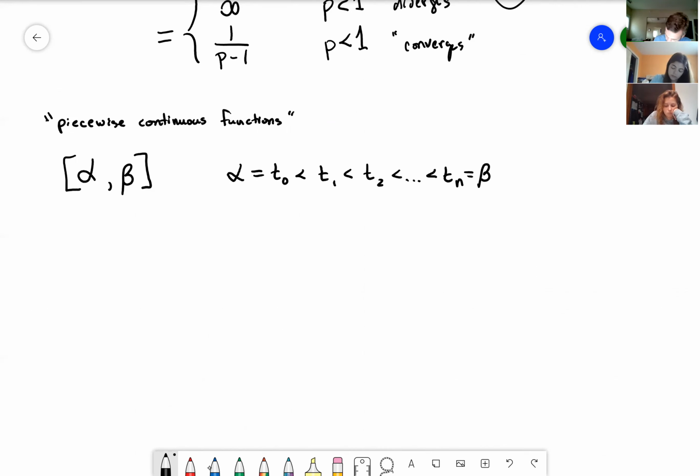So we've taken this from alpha to beta, and chopped it up into t0, t1, t2, t3, t4, and t5.